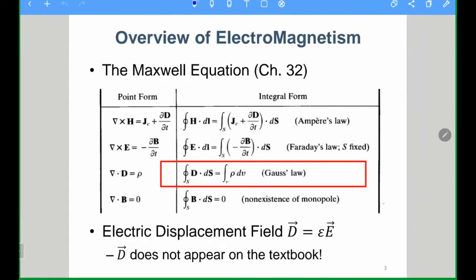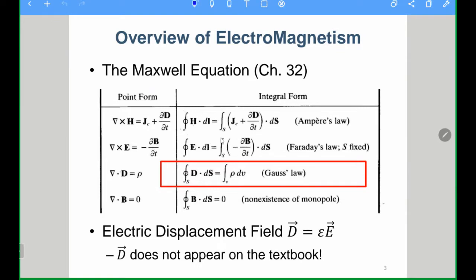Okay, so this is the overview for electromagnetism, which is the main topic in this semester. Of course, in chapter 33, we will have a chapter called Maxwell equation. And here, this is a table about the Maxwell equation. Actually, in this textbook, the notation is not the same, so it doesn't really matter to care too much about the notation.